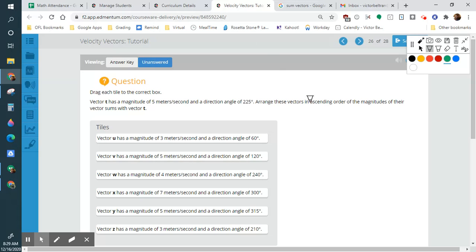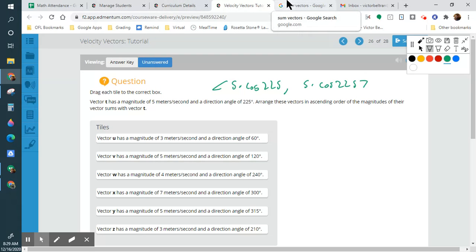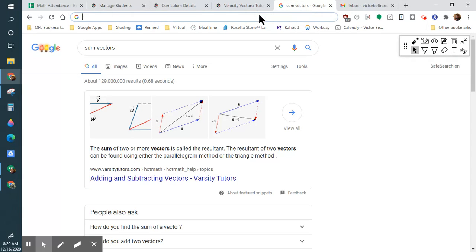So let's find the x and y components of this. We're going to do 5 times sine 225, and then cosine 225 for the x value. I recommend using Desmos.